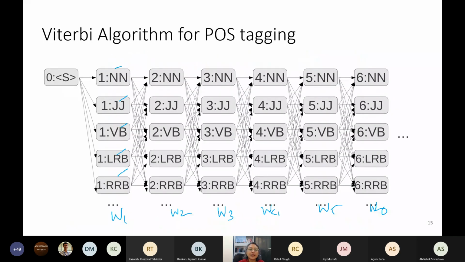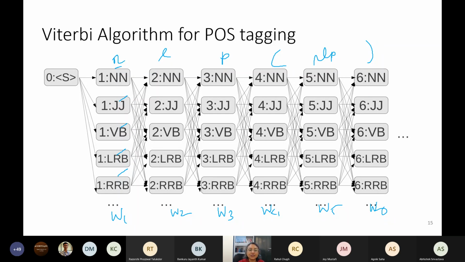So this sentence is natural language processing, NLP. Let us say W1 could have been any of these tags, and W2 could be any of these tags, and so on. Now, we want to find the most likely tag sequence.